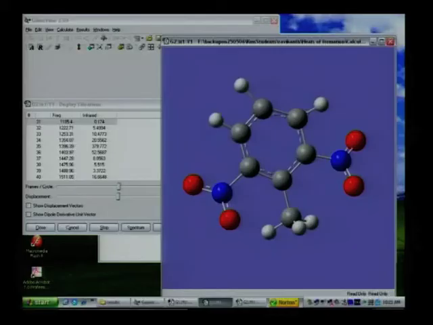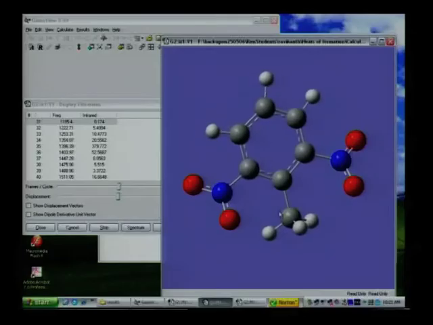Yeah, the IR vibrational mode that I have here on the screen corresponds to the methyl group. So this is toluene with the two nitro groups here, the NO2 groups. So it is 2,6-dinitrotoluene. This is a low frequency vibrational mode. What you see here is 1195.